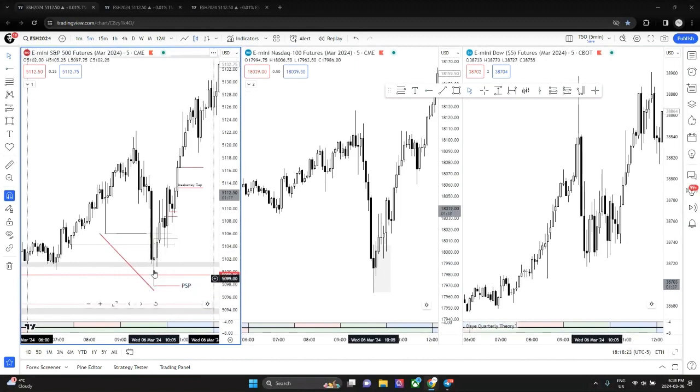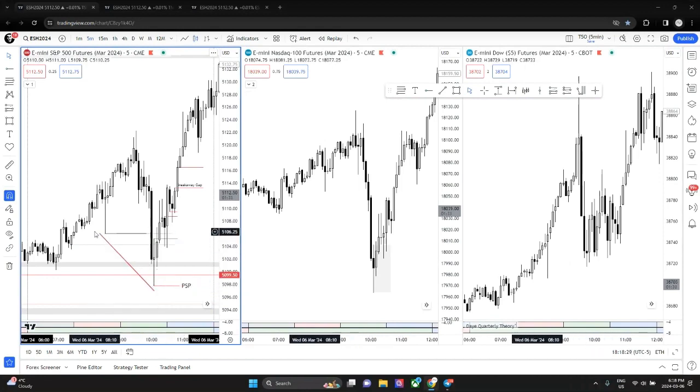Price dipped into a new day opening gap. There was sequential SMT. So while this closed right here, you could be a buyer. We're below the true session open. And once price breaks above this, dips back into this wick right here, and rallies, forms a gap, we can buy right here.